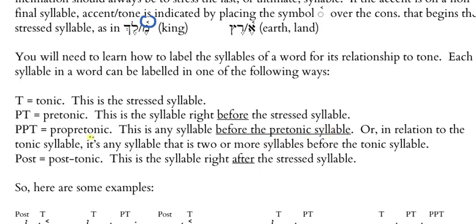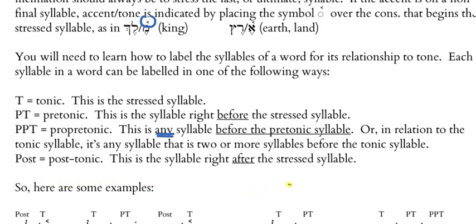And then PPT means propretonic, and this is for any syllable before the pretonic syllable. That is to say, if we had 4 or 5 or even 6 syllables in a word, the propretonic label could cover more than one syllable. In relation to the tonic syllable, it's 2 or more syllables before the tone syllable. And then we'll write the word post over any syllable that's post-tonic, which simply means that it's right after the stressed syllable.